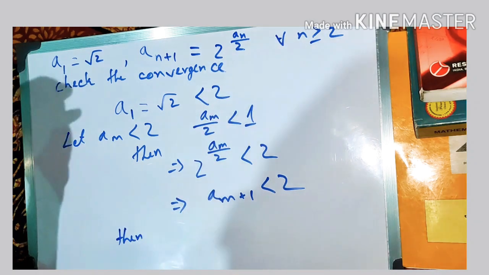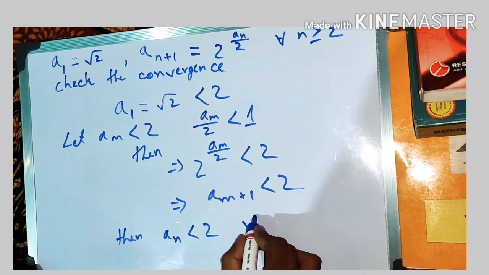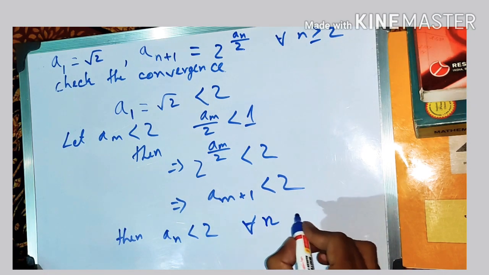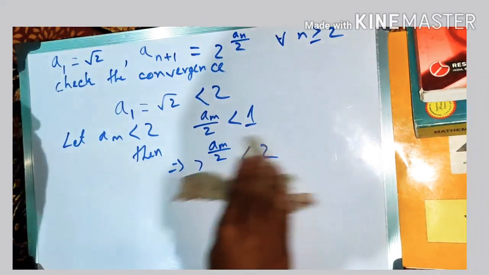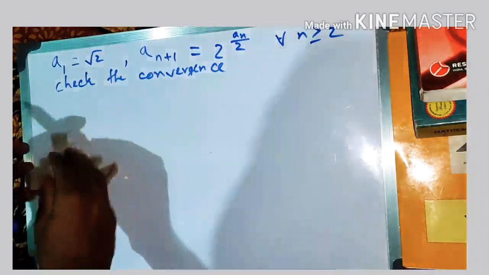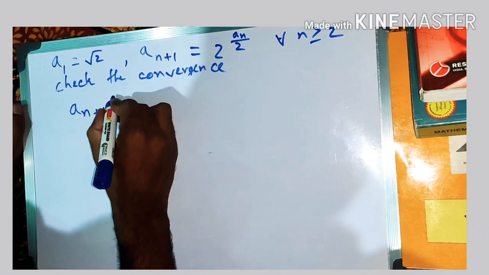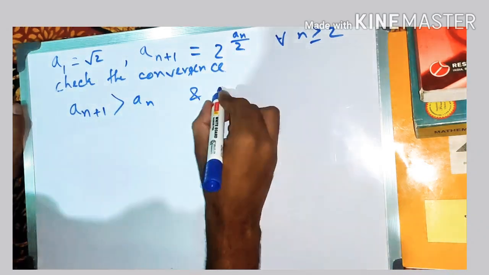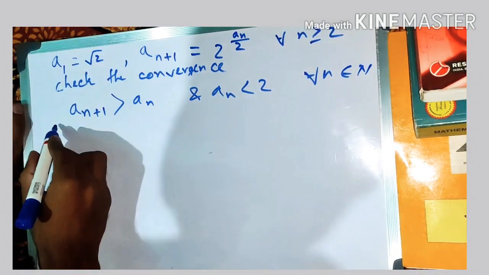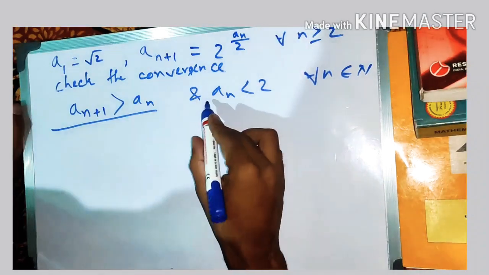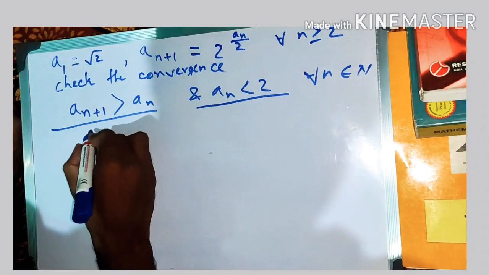By induction, an is less than 2 for all n. Now the sequence is monotonically increasing and bounded above, so the sequence is convergent.